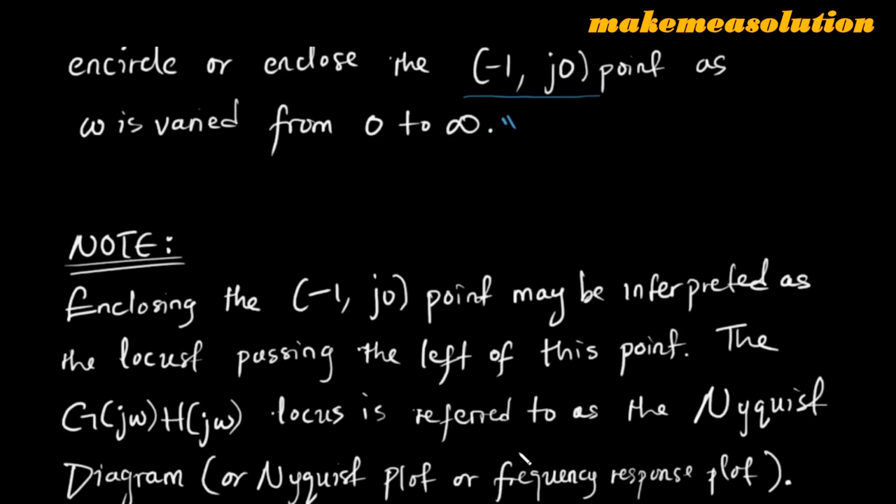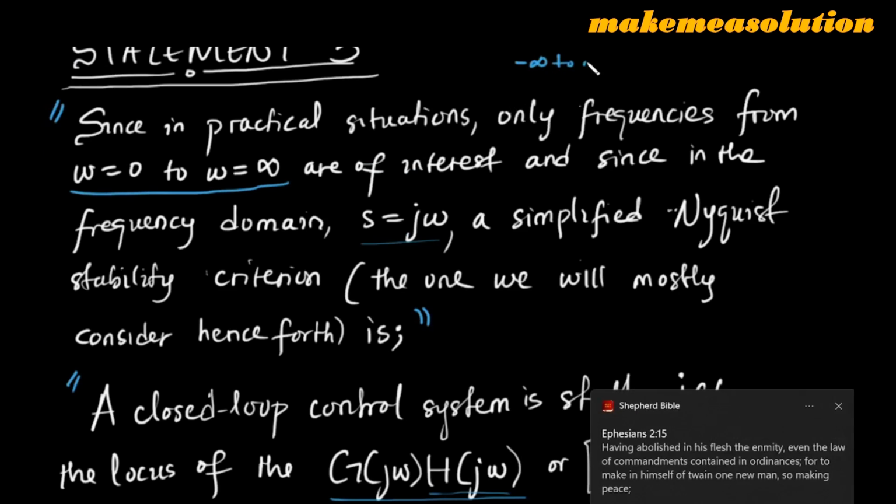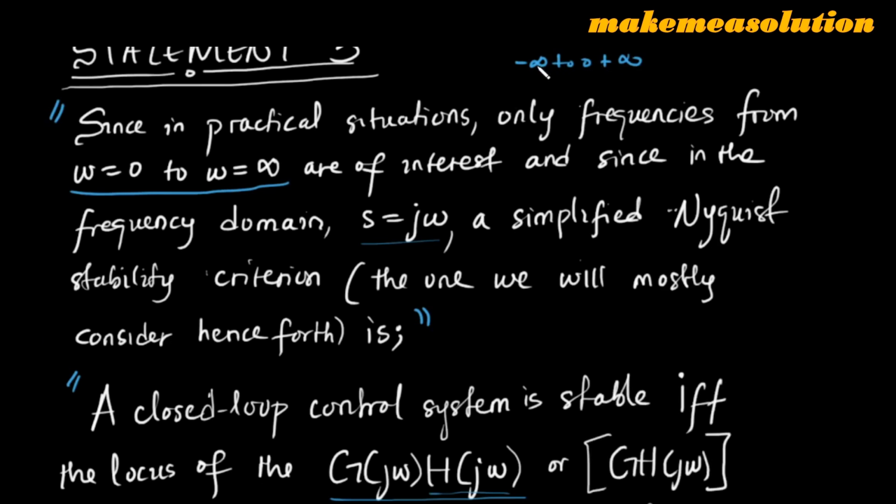But before we dive into that example, let me just throw more light on what this particular stuff means. Now, when we are doing our frequency domain analysis, we know that we are supposed to check frequencies from -infinity to 0, then from 0 to infinity.